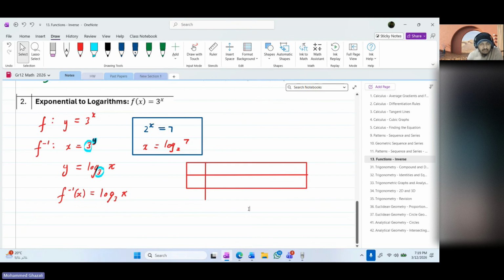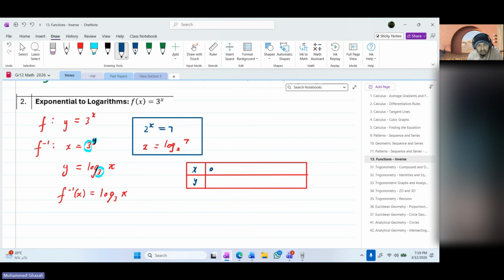So I'll take values on the exponential, right? And I'll just switch the coordinates around.